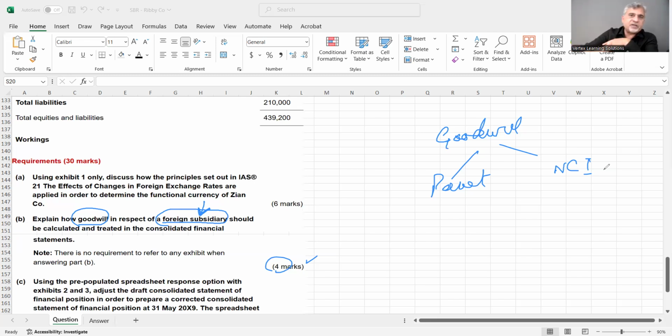The same principle will apply here, where we are talking about exchange differences: whether they should be given to NCI or not. If it is fair value measurement of NCI, they will take exchange differences as well. If it is the proportion method of NCI measurement, then everything will be taken by the parent. So this was a short question, but it is an important concept.